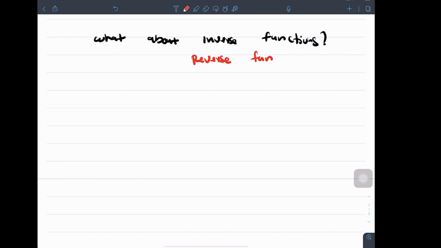Reverse functions. Well, these are functions that work in reverse.